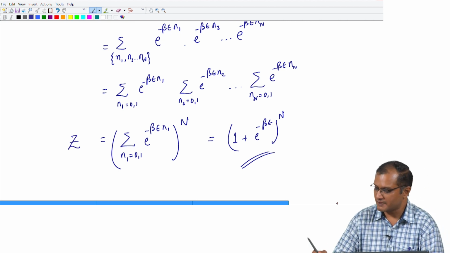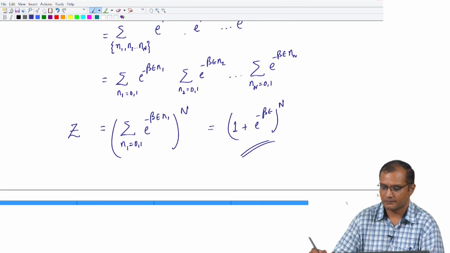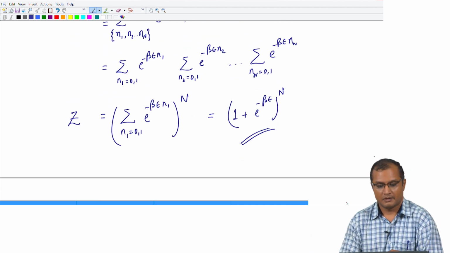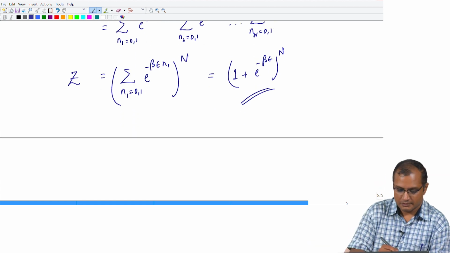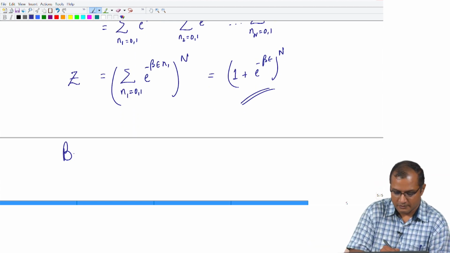Now, the partition function is ready. You can connect thermodynamics with StatMech.